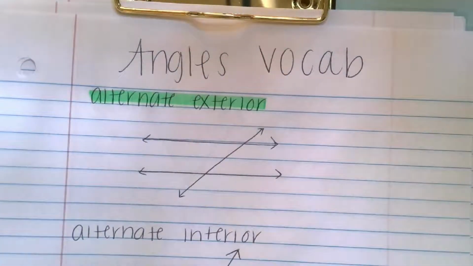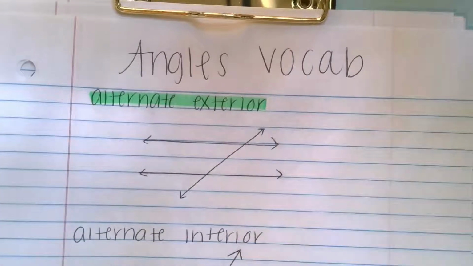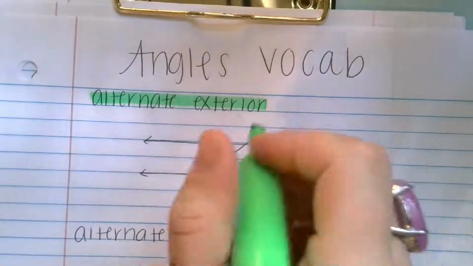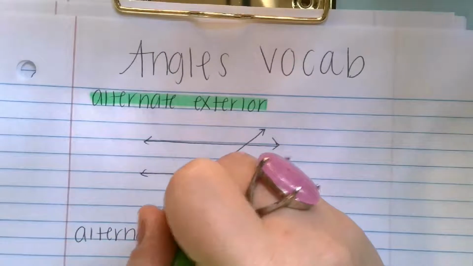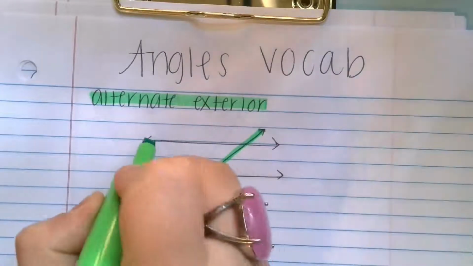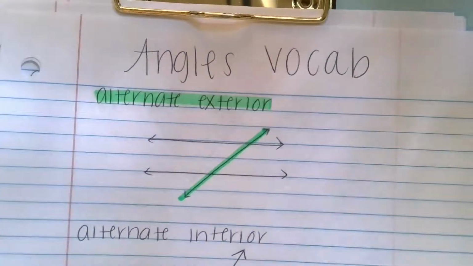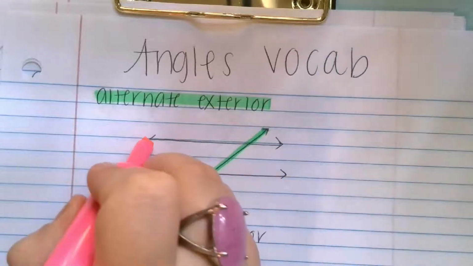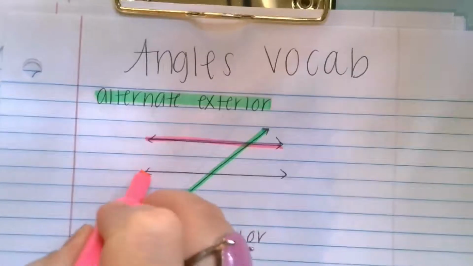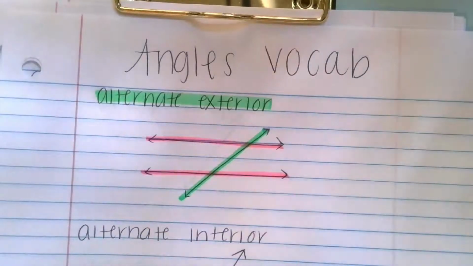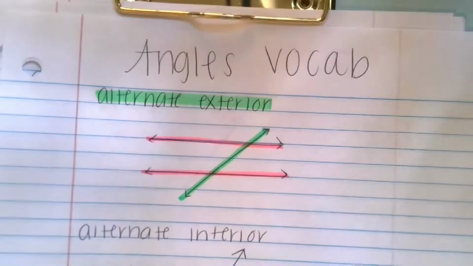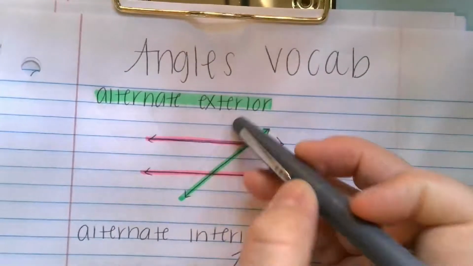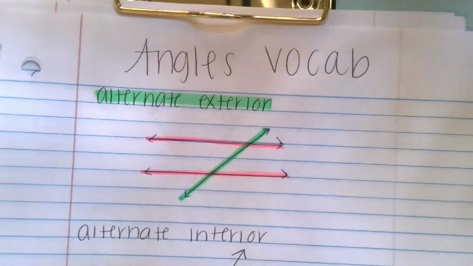So alternate just means opposite, right? And exterior is the outside. So we want angles that are on the outside of our parallel lines. So our parallel lines I'm going to highlight in pink right here. We want ones that are on the outside of our parallel lines and on opposite or an alternate side of our transversal.